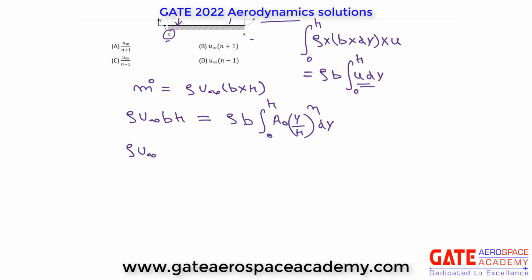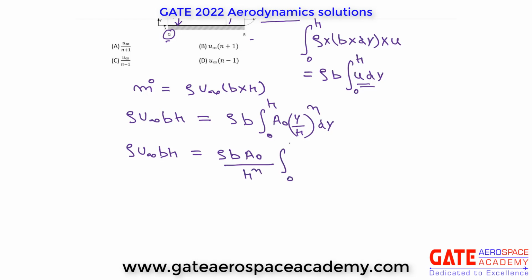Rho u infinity bh is equal to rho b. A naught is constant, so we can take a naught outside of the integration. A naught and h raised to n, it is also constant.